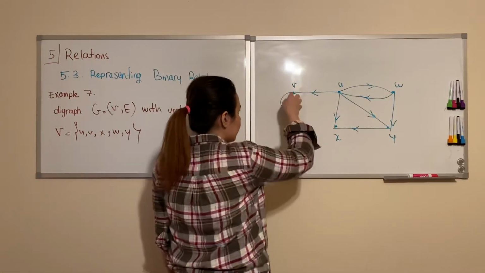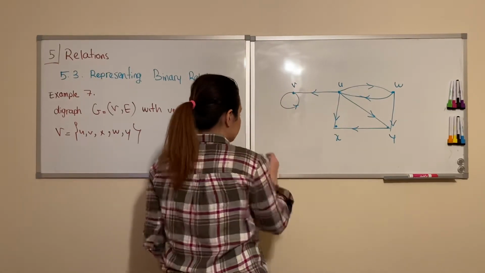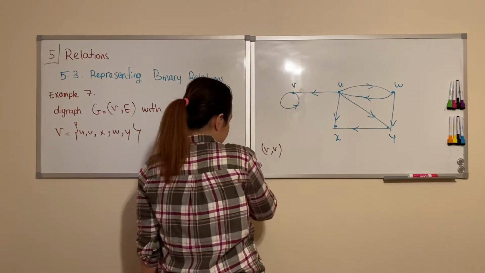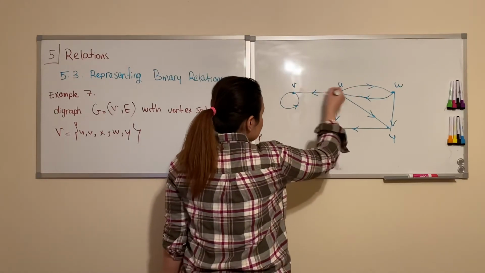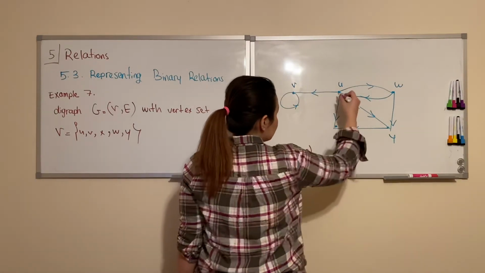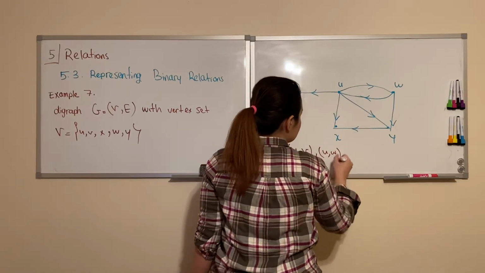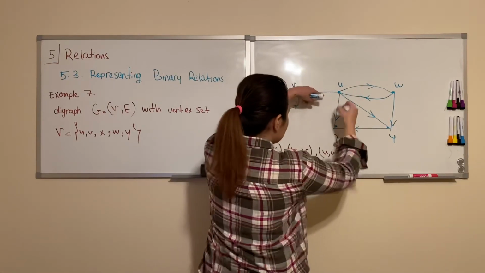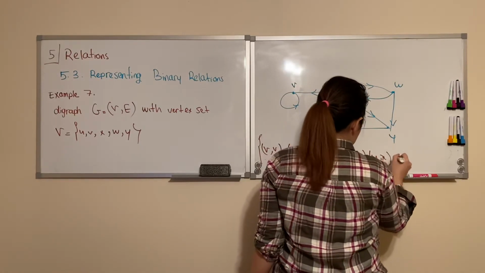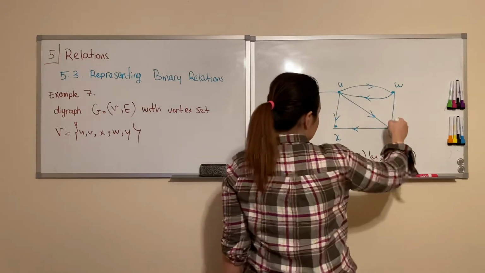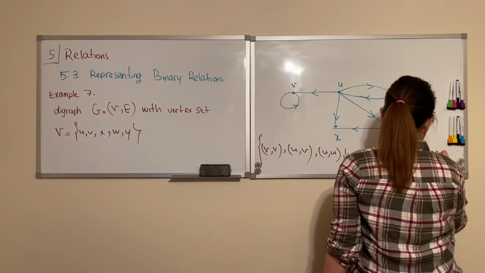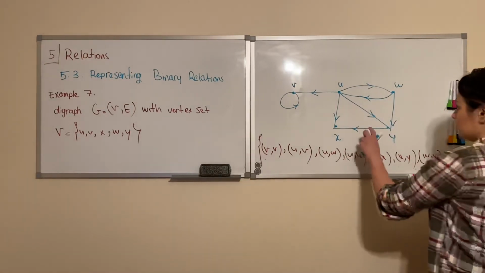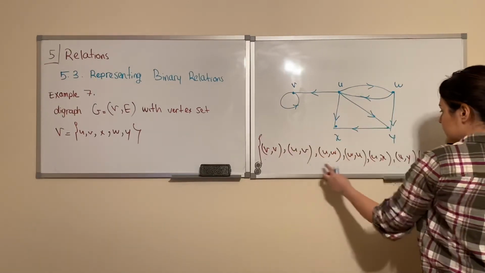Okay, what I can see is that V is related to itself, so I need to have the pair V and V. I see U is connected to V, U is going to W, W is going to U, U is going to X and Y as well, so UX, UY, W is going to Y, Y is going to X, and how many in total? 1, 2, 3, 4, 5, 6, 7, 8.